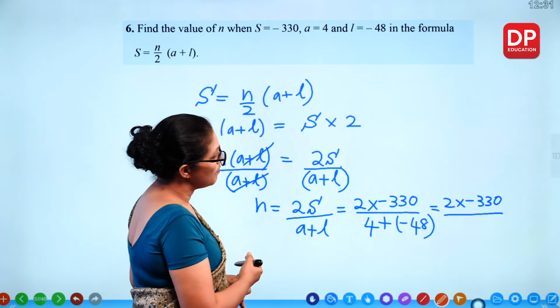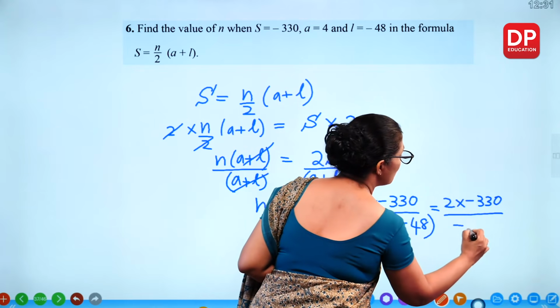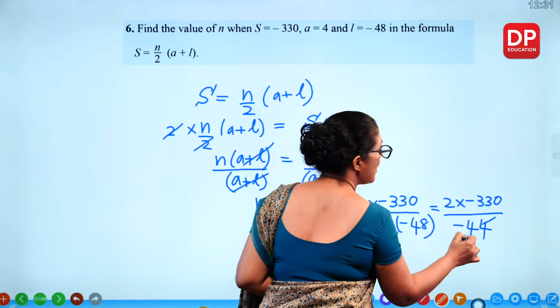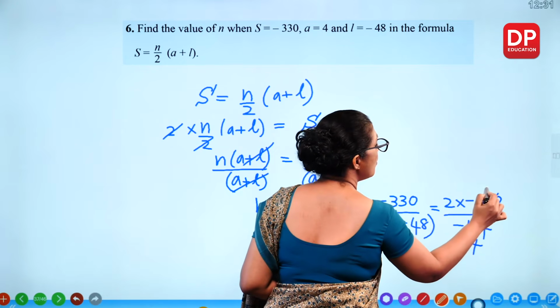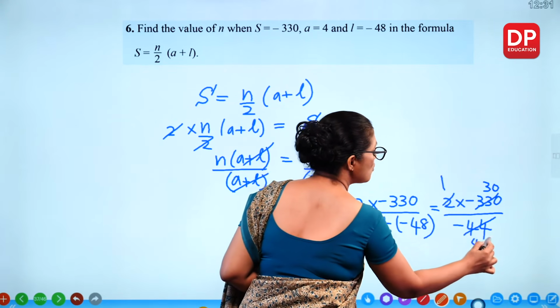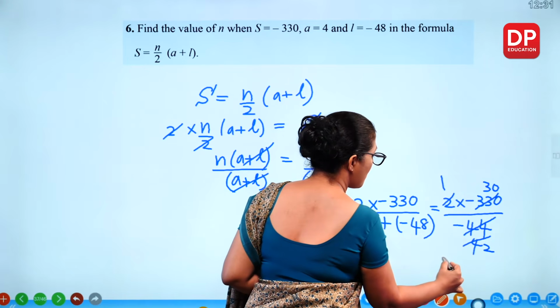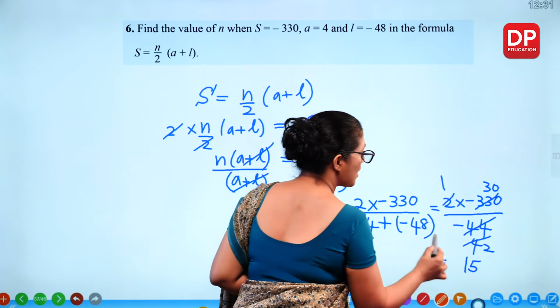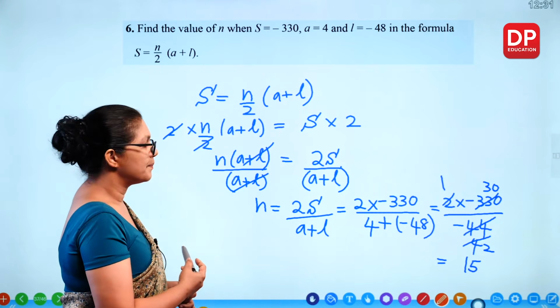So the difference becomes minus 44. Now divide by 11, 44 and 330. So 2 times 1, 2 times 2, 30 divided by 2, 15. So minus minus becomes plus 15.